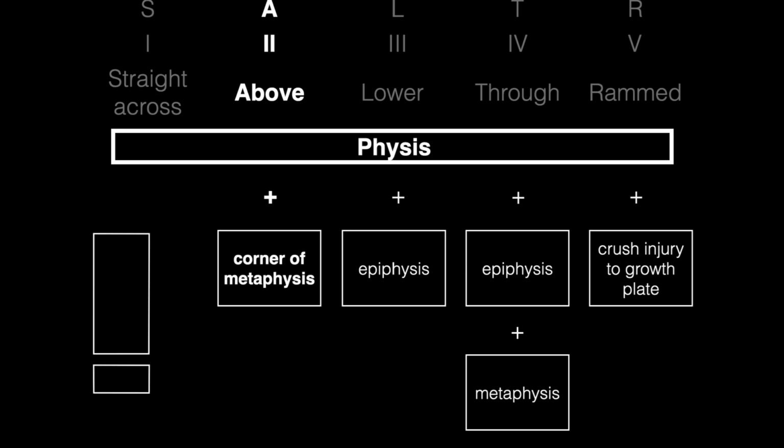Salter-Harris 4 fractures describe when the fracture line extends through both the epiphysis and metaphysis, therefore crossing through the physis, which is the layer sandwiched in between the epiphysis and metaphysis. Salter-Harris 5 fractures are unique in that it's only the physis affected, but the mechanism is specific. If the fracture line doesn't go outside the physis, a crush mechanism by definition makes them Salter-Harris 5 fractures.